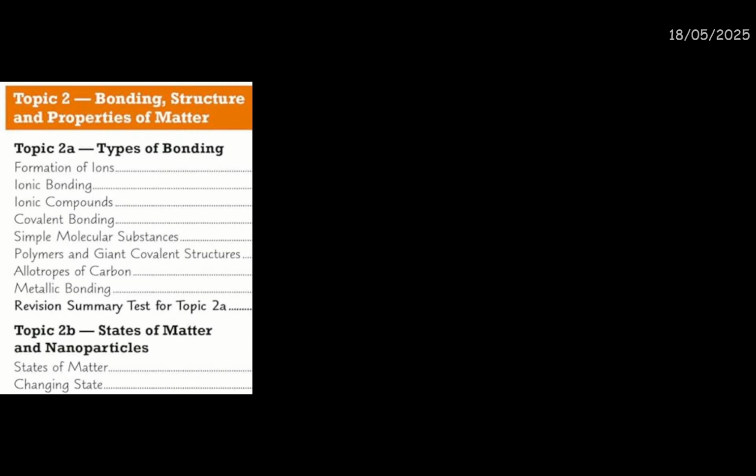Now we've had a look at this before, but let's recap it. An ion. Aish, what is an ion? Yes. How does it become positively charged? Yes.